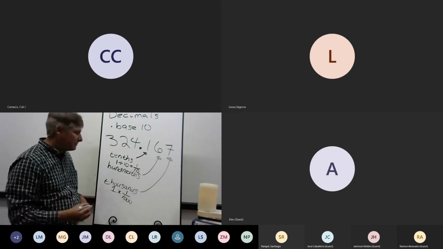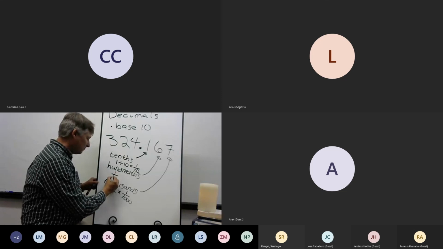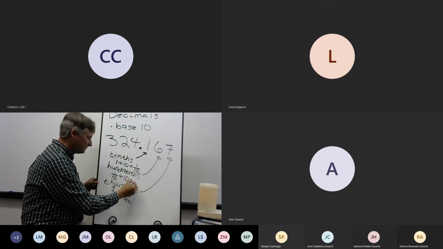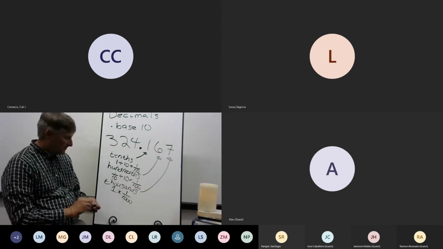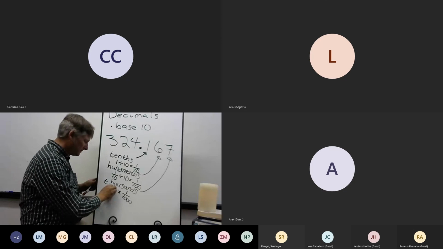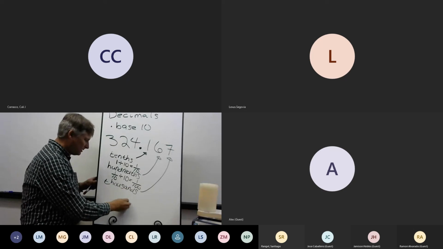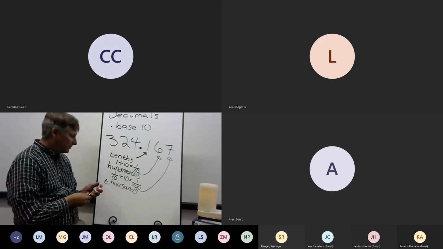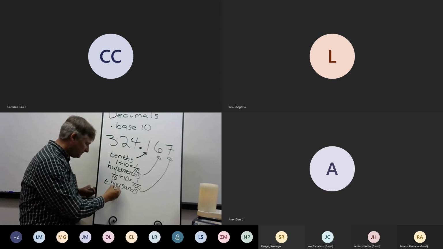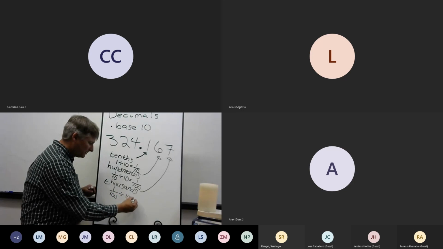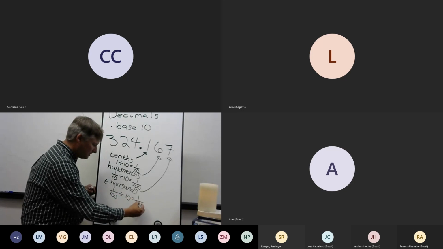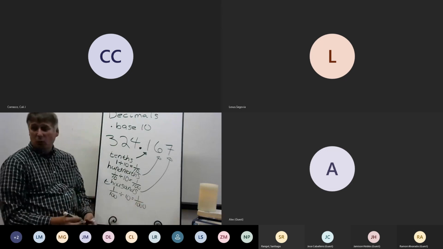For the hundredths, we divide by 10 again. 1/10 divided by 10 is 1 over 100. And finally, for the thousandths, 1 over 100 divided by 10 is 1/1000.